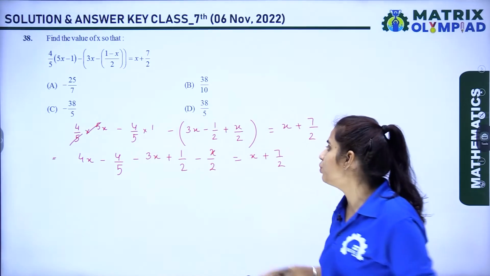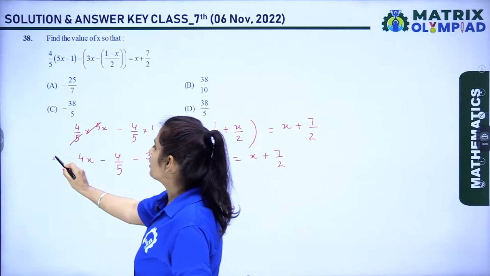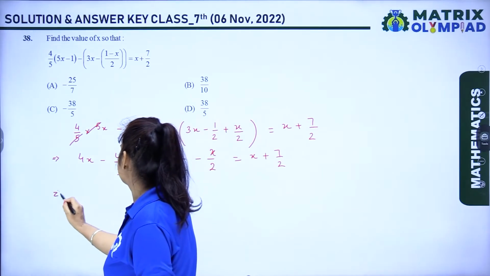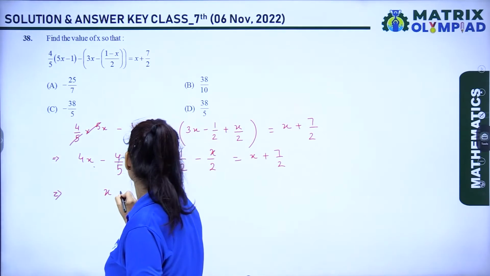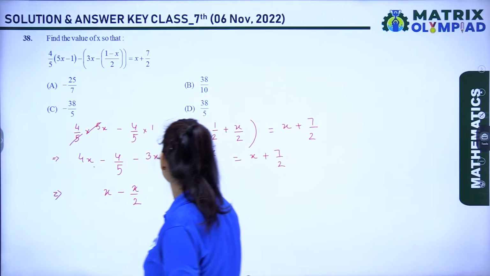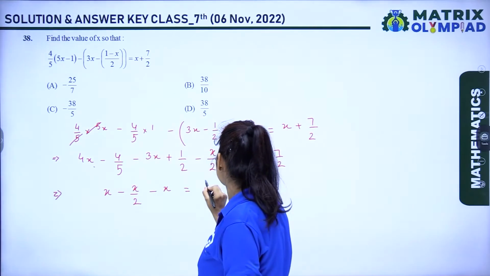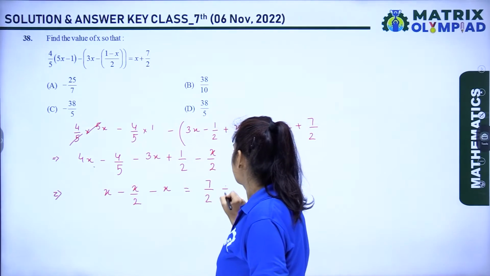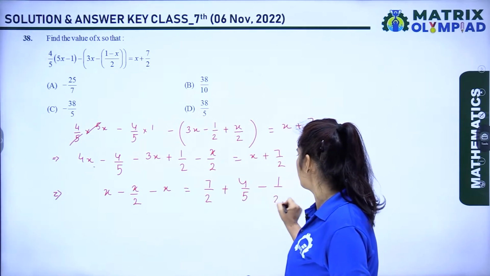Now we are transposing the constant terms to one side and the variable terms to the other side. We get 4x minus 3x is x, minus x upon 2 minus x, that is equal to 7 upon 2 plus 4 upon 5 minus 1 upon 2.